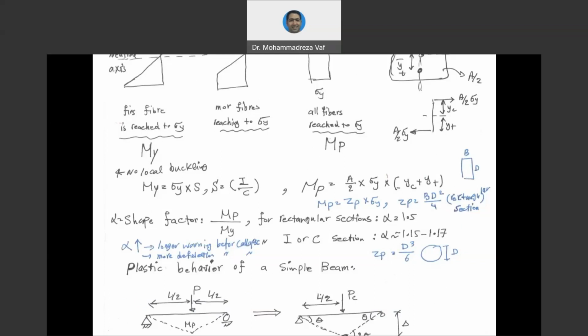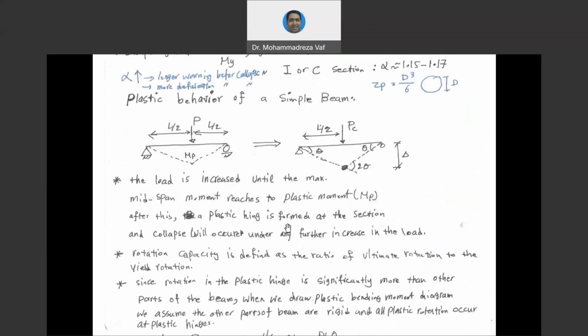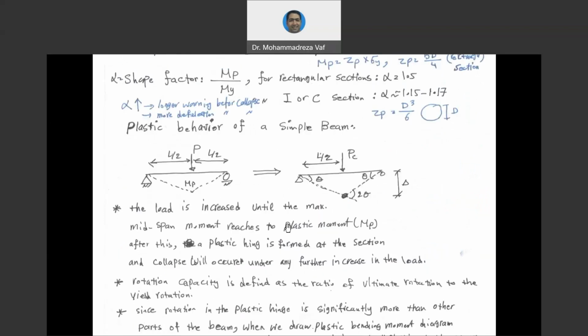Okay, the question right now is when our structure is going to collapse, or how it's going to behave if we increase the force on our structure, like a beam. I'm not going to explain this in more detail until the next slides, but here, just to make you familiar with plastic analysis, we give you a very simple example of failure due to the formation of a plastic hinge inside our beam.